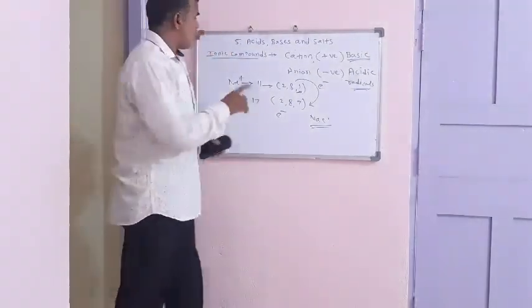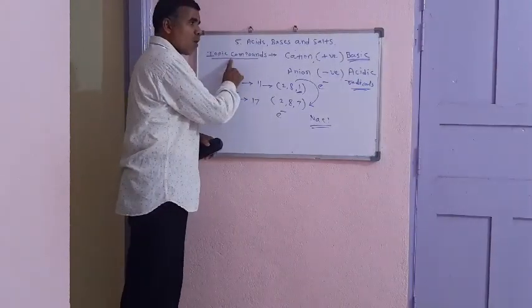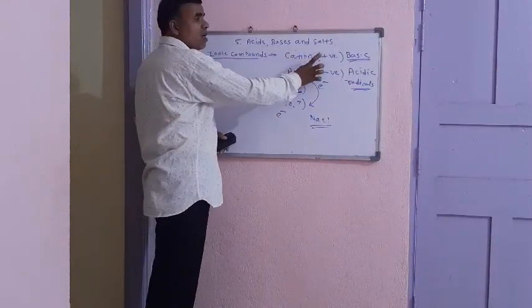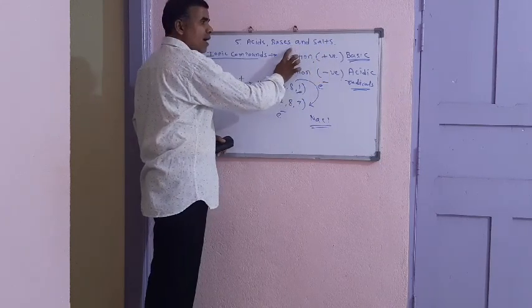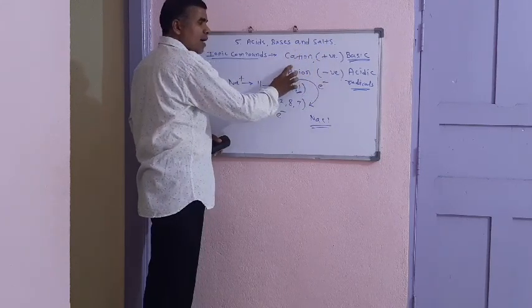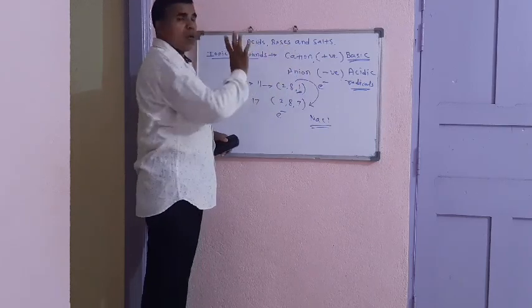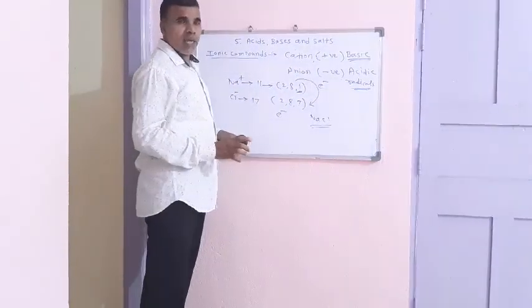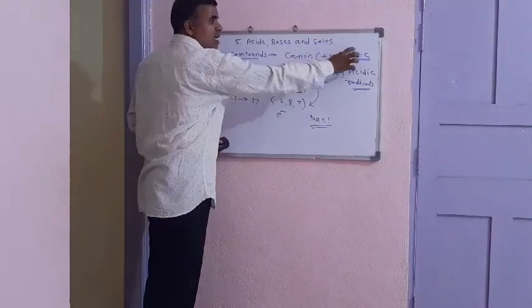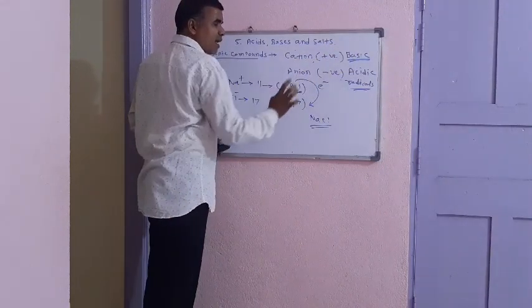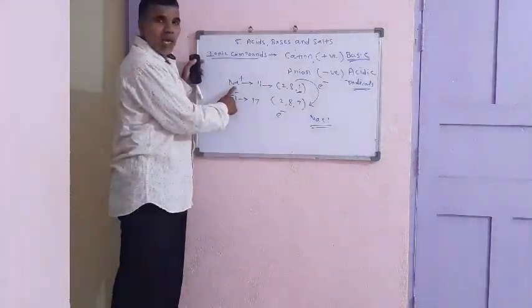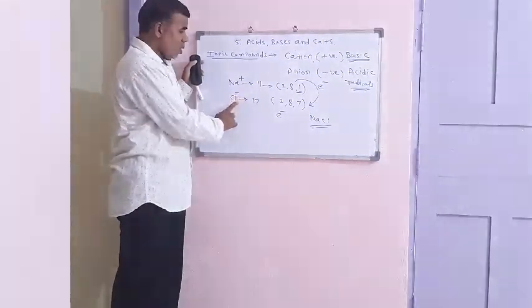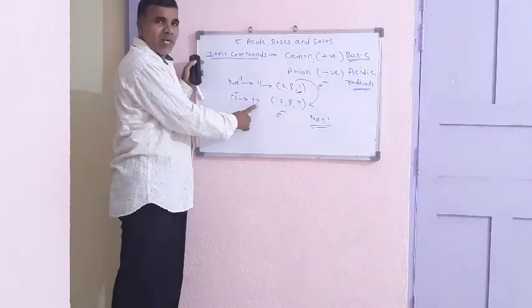So sodium chloride is an ionic compound formed from sodium and chlorine. Ionic compounds are formed by the force of attraction between the positive charge of a cation and the negative charge of an anion. Cation means basic radical, anion means acidic radical. The first example is sodium with atomic number 11 and chlorine with atomic number 17.